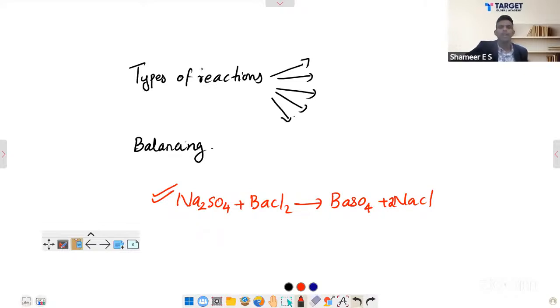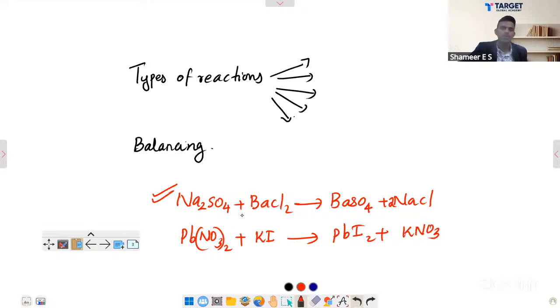The other reaction we studied in our first chapter is lead nitrate plus potassium iodide, simply a double displacement reaction. Double displacement reaction can cause a precipitation also. So yellow colored lead iodide, PbI2, plus 2KI, is also part of double displacement. These two are regularly asked in double displacement reaction.